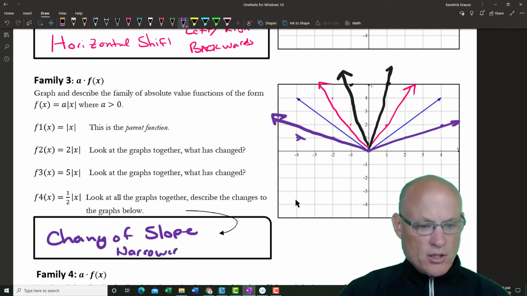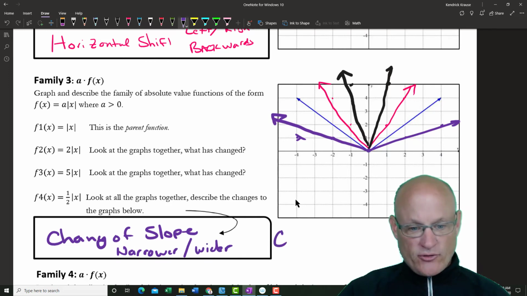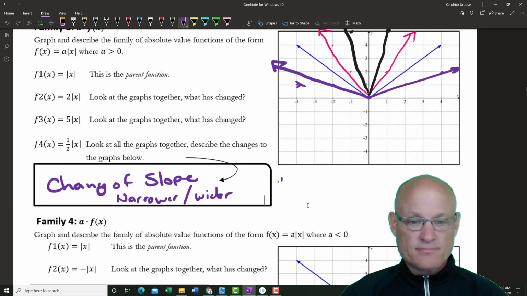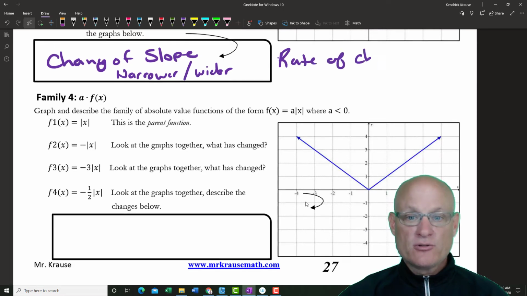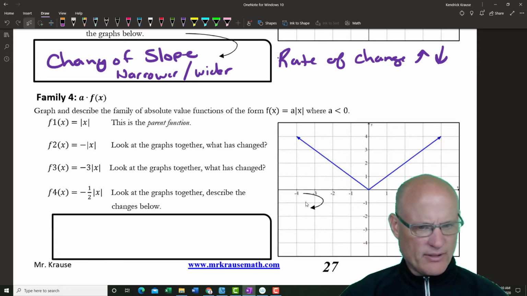Narrower or wider. I'm going to say it changes the rate of change. What am I writing? Range. The rate of change goes up or down. It's going to change the rate of change is what it is. Well, that's weird. Change the rate of change.